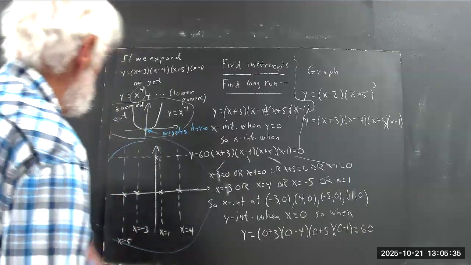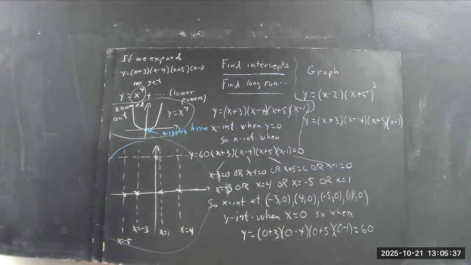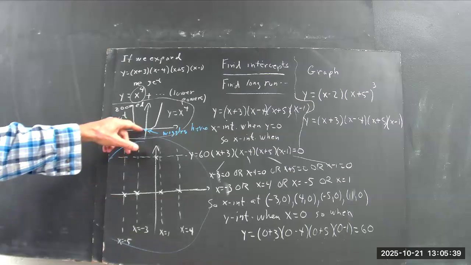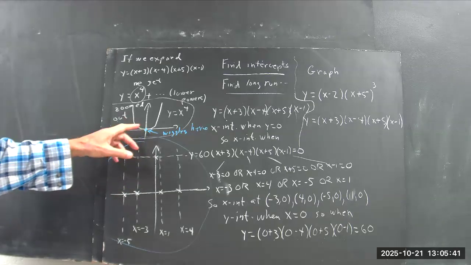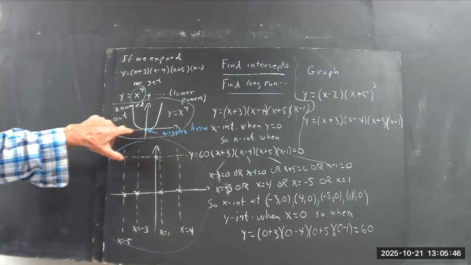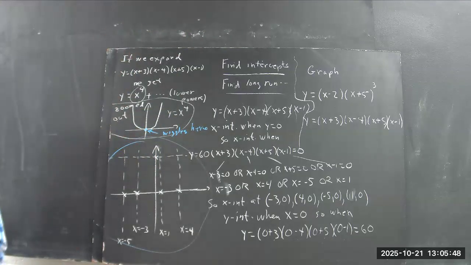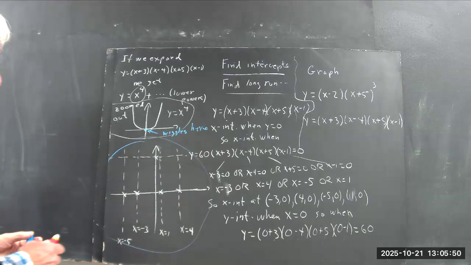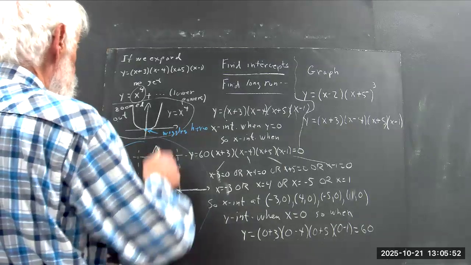This tells you what your long run behavior is. It'll wiggle in here and do all sorts of things, but as you move out, it's going to go up this way, and you move out to the left, it's going to go up this way. So now we know what the long run behavior is from this.